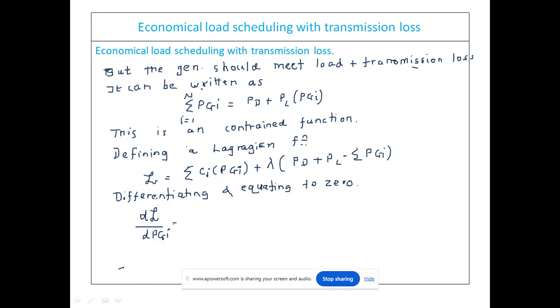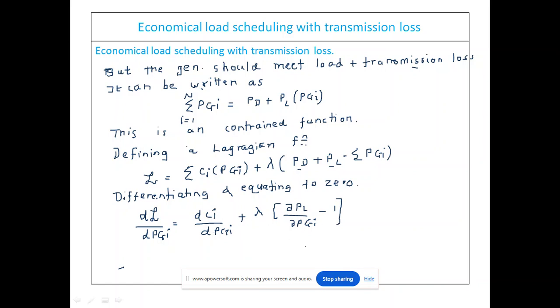When you differentiate this equation, here we will get differentiation of dCi by dPGi plus lambda. Now here differentiation of PD, which is a constant, will be 0, and because PL is a function of generation, it will be dPL divided by dPGi and minus, this is 1. We are differentiating with respect to PGi. Okay. So now we got this equation.